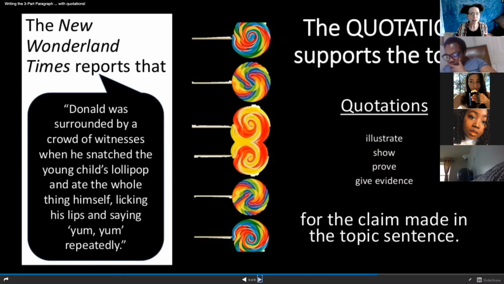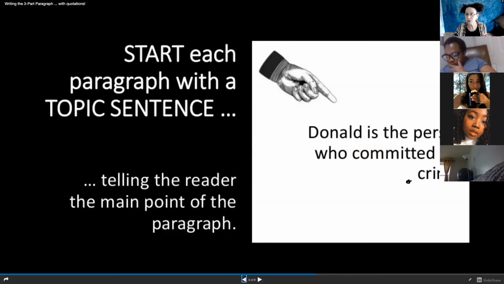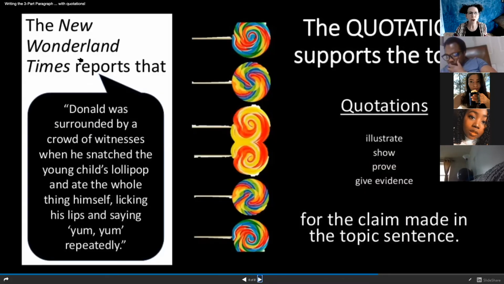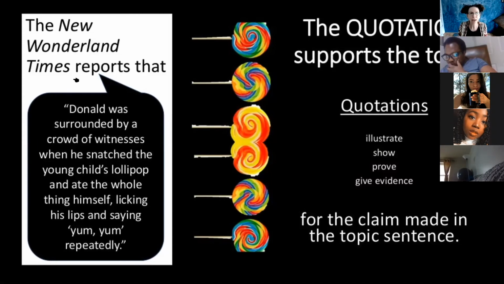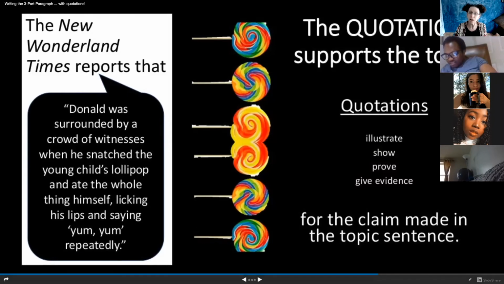So for instance, if our topic sentence is Donald is the person who committed the crime, then our next sentence using a quotation is saying, hey, this source, the New Wonderland Times reports, I'm just making something up, that, and here I'm using a quotation, Donald was surrounded by a crowd of witnesses when he snatched the young child's lollipop and ate the whole thing himself, licking his lips and saying, yum, yum, repeatedly, right?